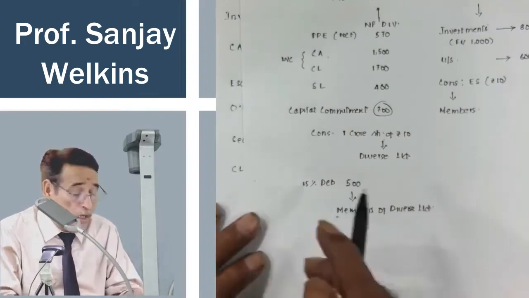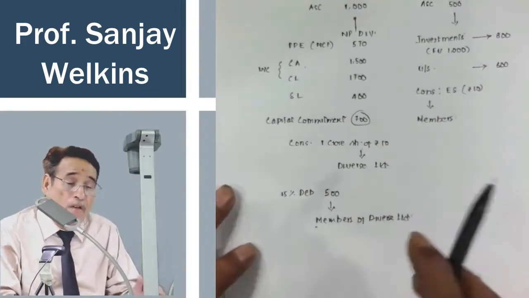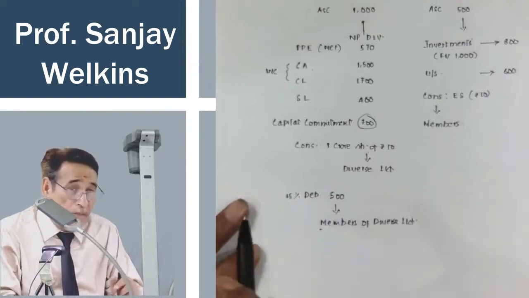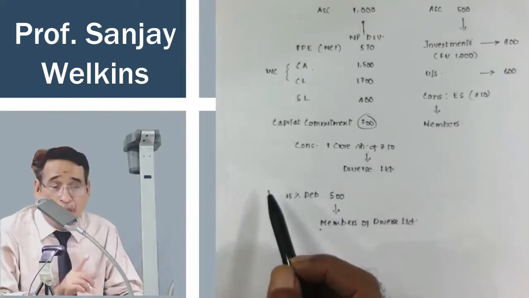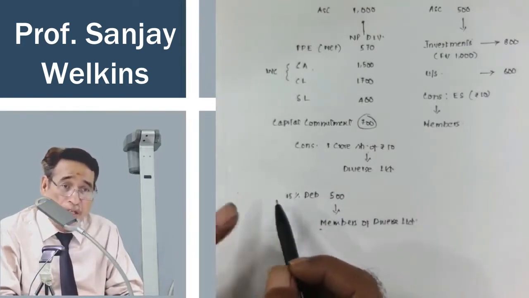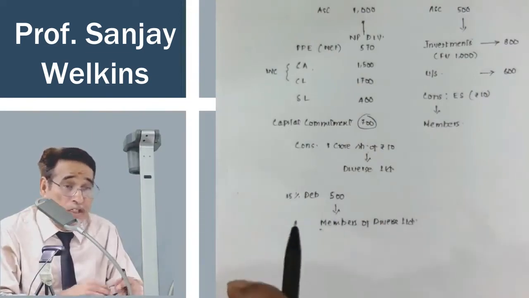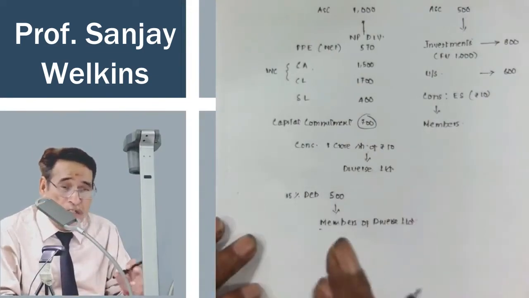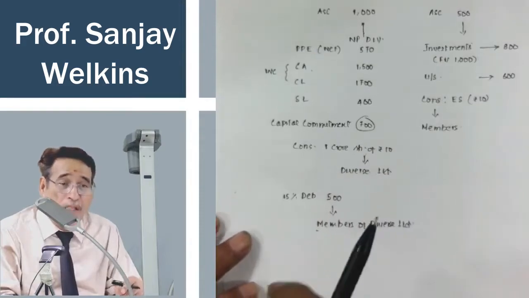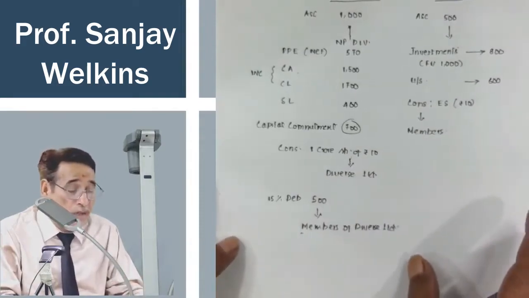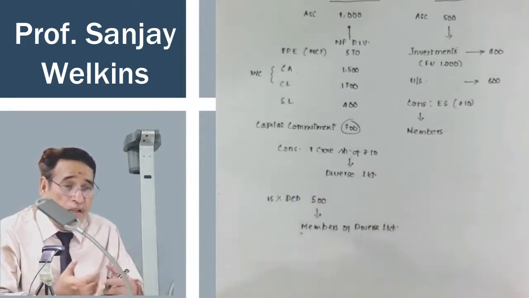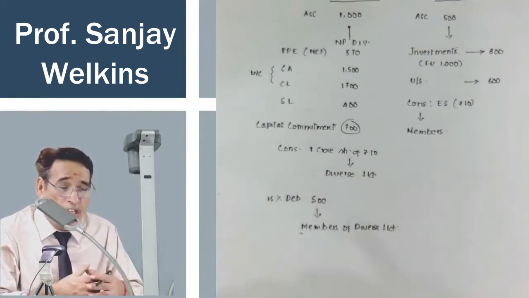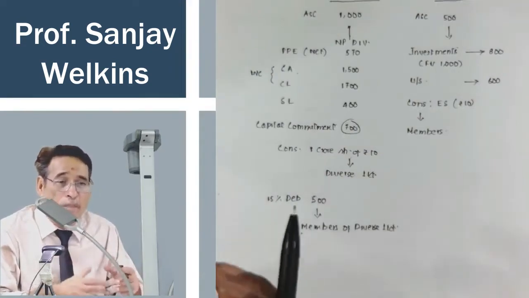Is it clear to you? Now here I just want to caution you. Whenever debentures are subscribed by members, even in that case, Diverse Limited will have to pass the entry. Unlike equity shares, where consideration is directly received by the members, in that case we say that the demerged entity is not receiving anything because the members are receiving.